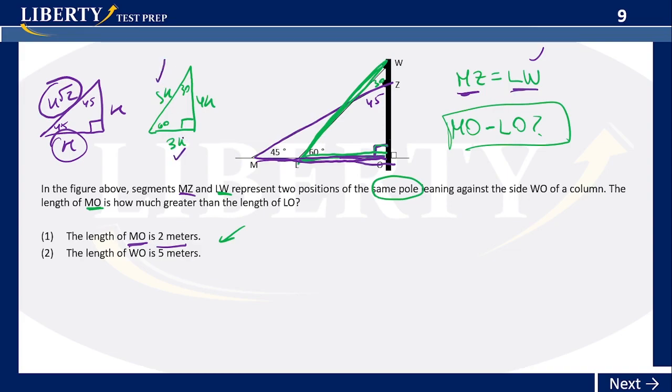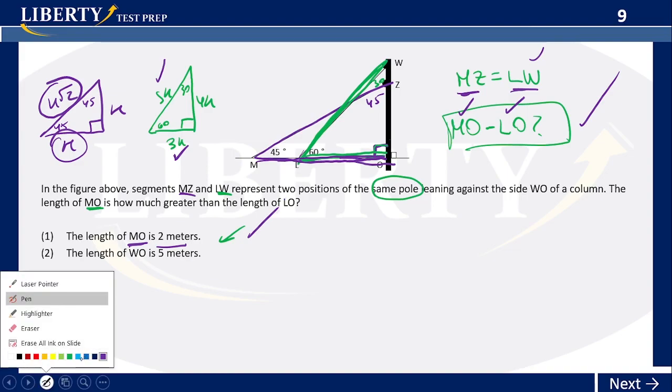That's 5K, and we can get K. So we can get 3K also. So we would know MO, because they give us MO. Will we know LO also? Yes, because from the hypotenuse LW we can get 3K, which is LO. So we can get those two values. That's enough. That's good, just by playing with these common triangles.